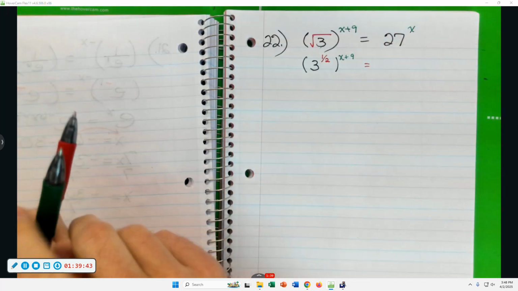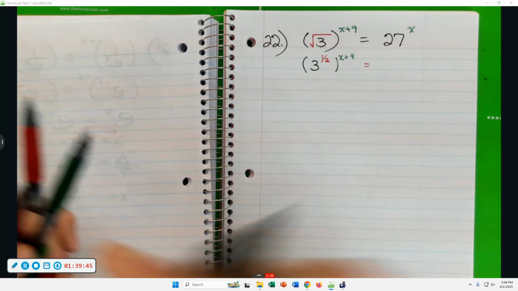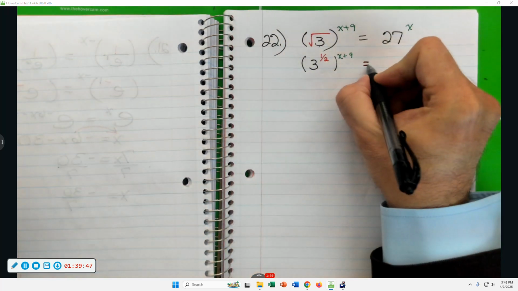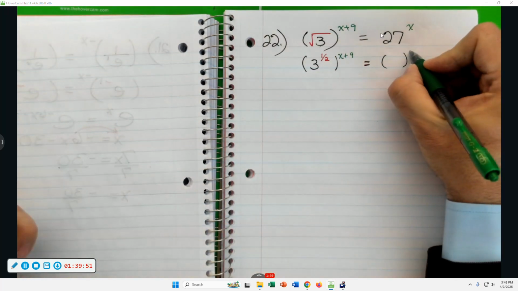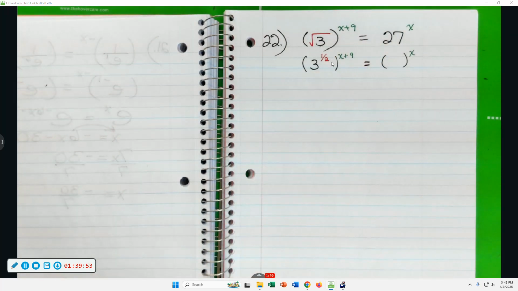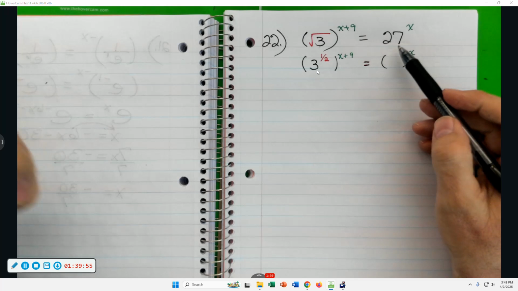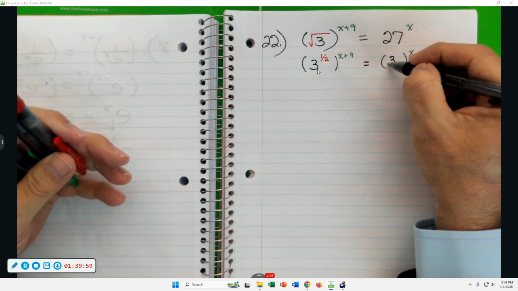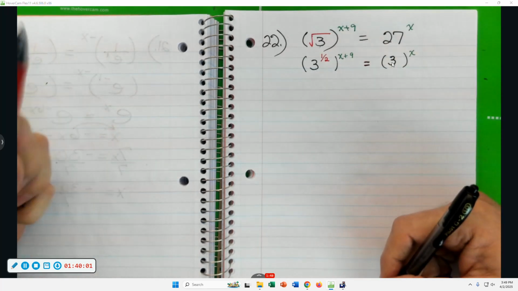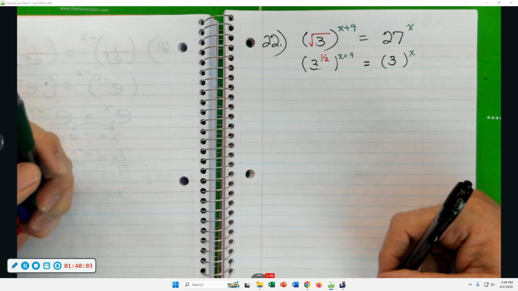equals, now, why did I put a red there? Ooh, 3 is a prime number. You better be able to write this number as a power of 3 because you're not changing the left side. That 3 can't be changed. It's prime. So you better be able to write 27 as 3 to a power.